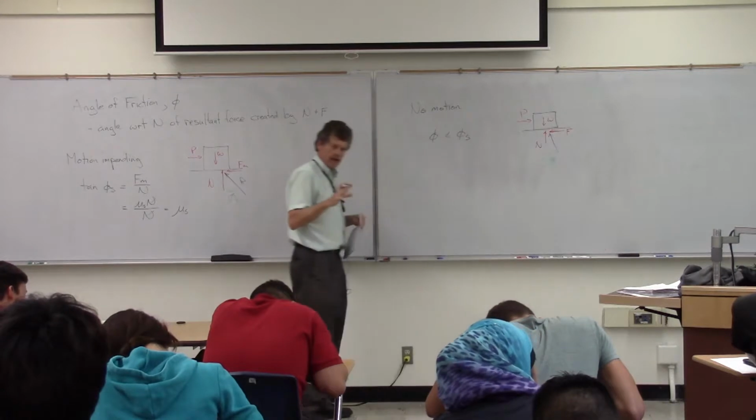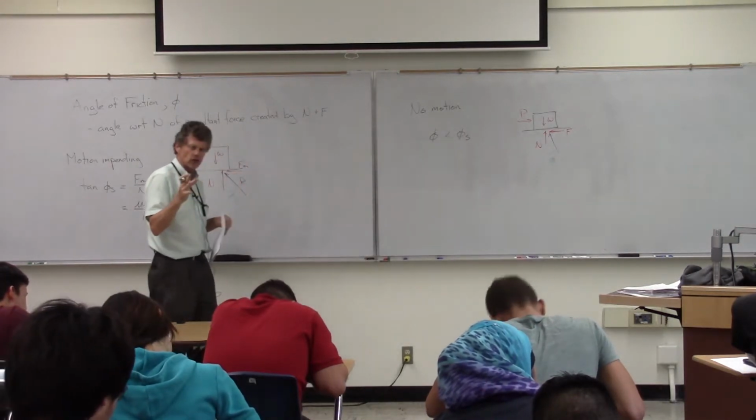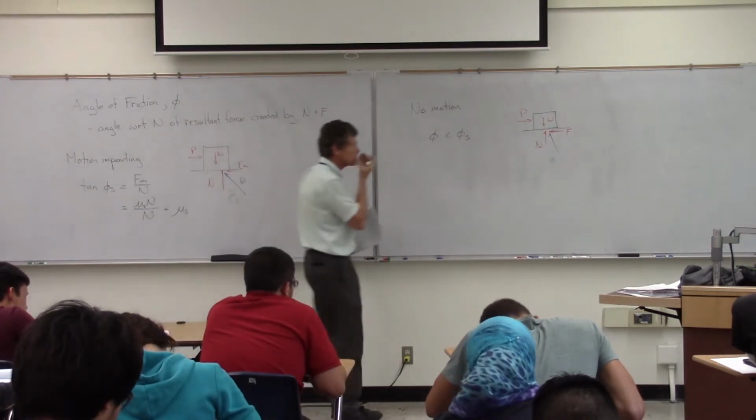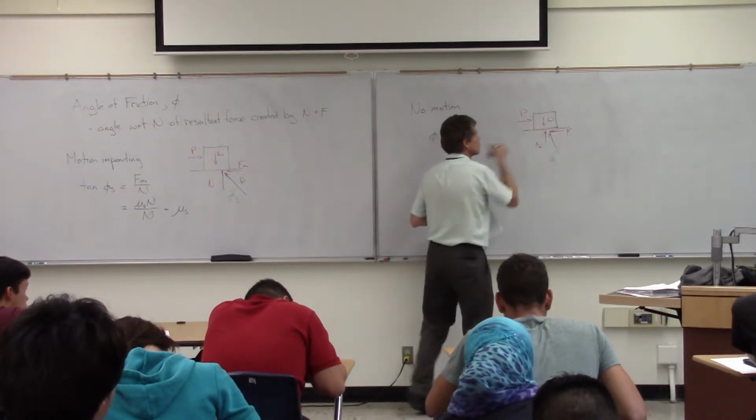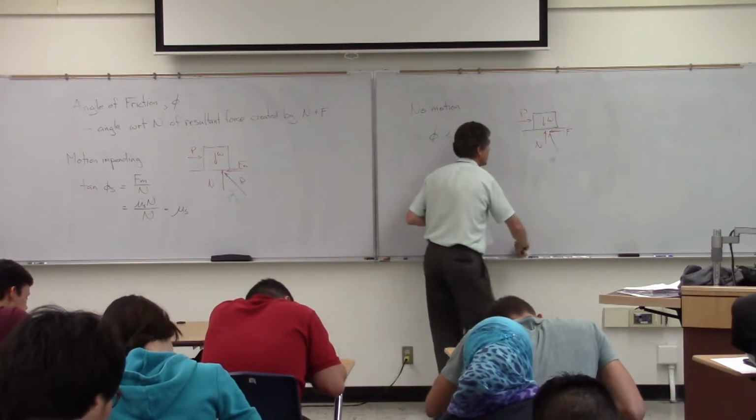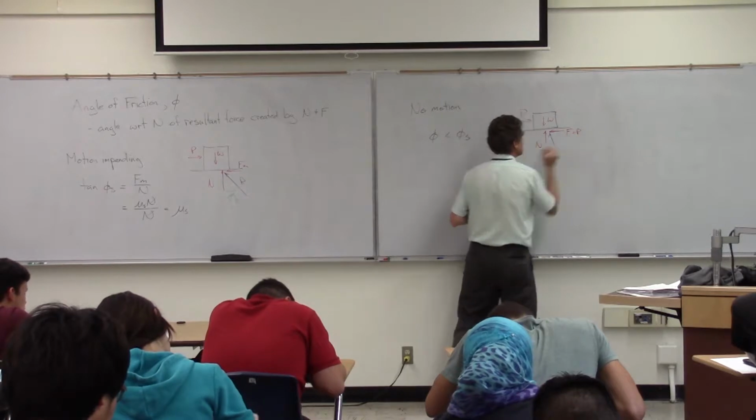Now this doesn't have an S on it, but for anything less, we can still calculate an angle of friction. F will be, in this particular case, equal to P.